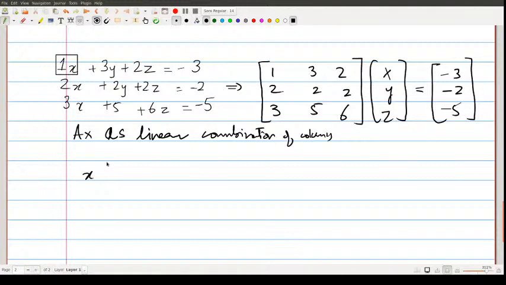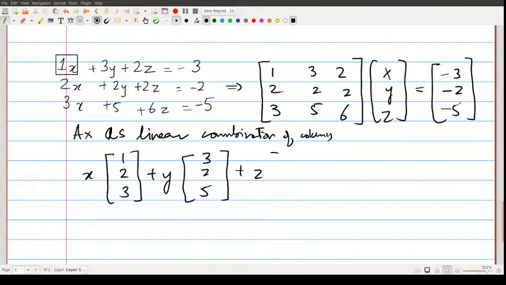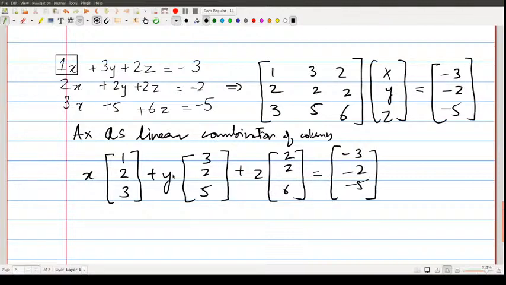I write it as x times (1, 2, 3) plus y times (3, 2, 5) plus z times (2, 2, 6) is equal to (minus 3, minus 2, minus 5). And so let's change the question. When you look at this linear combination, the question really is, what combination of these columns do I take to give me this column minus 3, minus 2, minus 5? And I want you to think about that problem while I look at the chat.